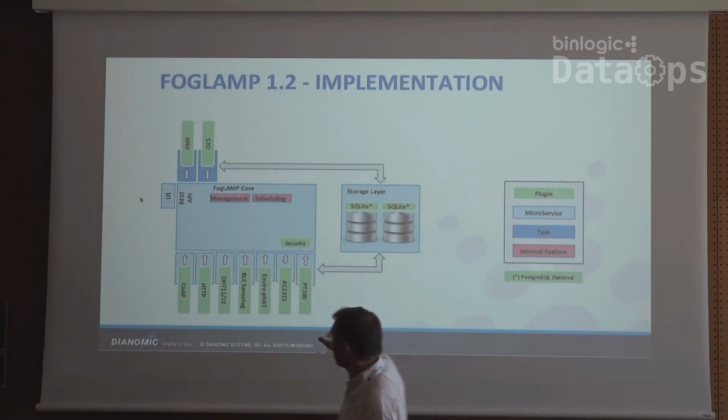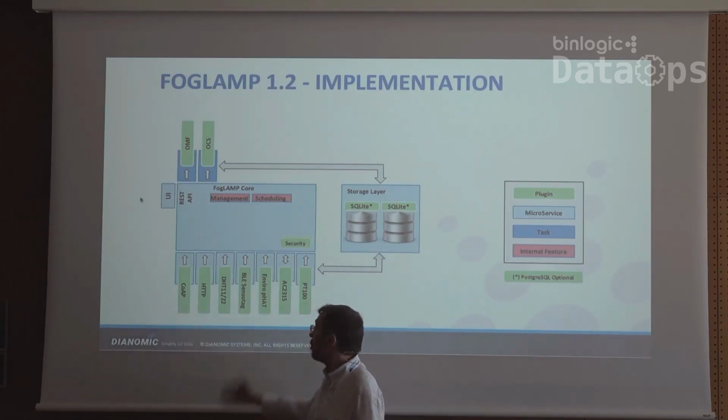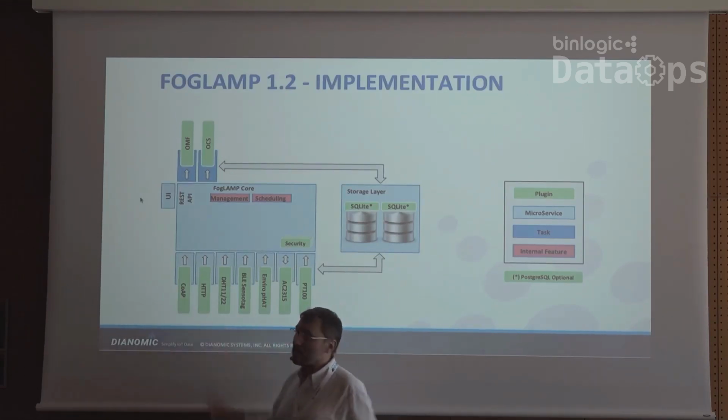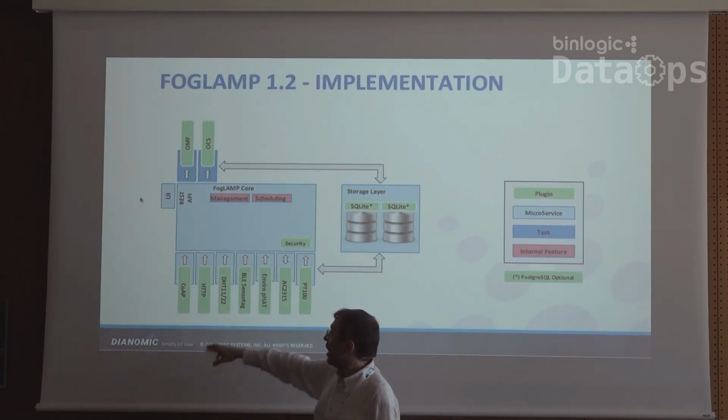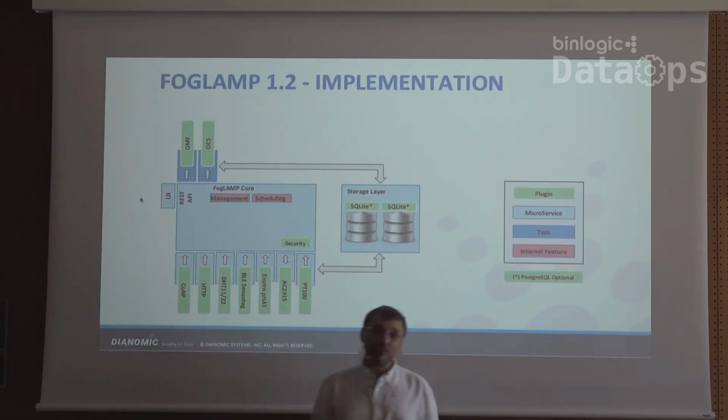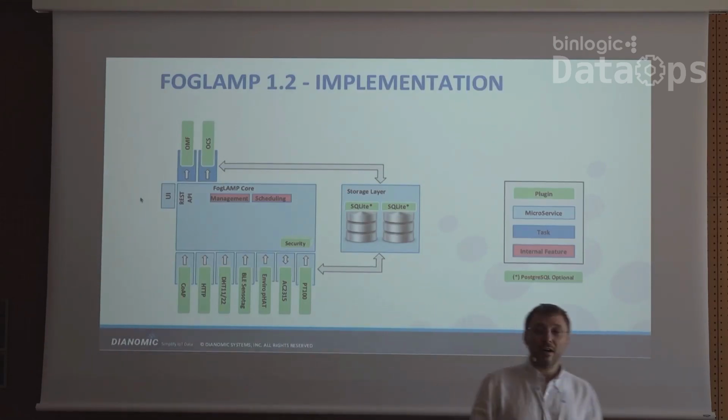Down here, we have a few sensors or protocols that we understand. So if you are sending data through HTTP, that's easy. And that means also that we can capture data from other internet services. CoAP is a protocol for constrained devices.